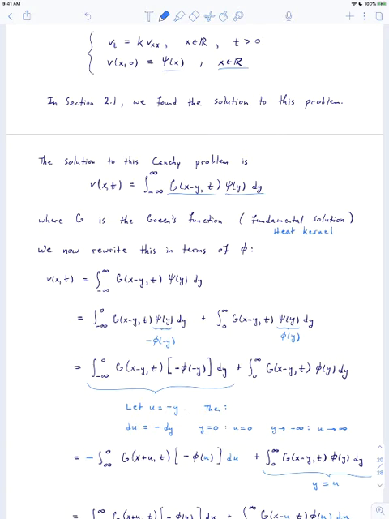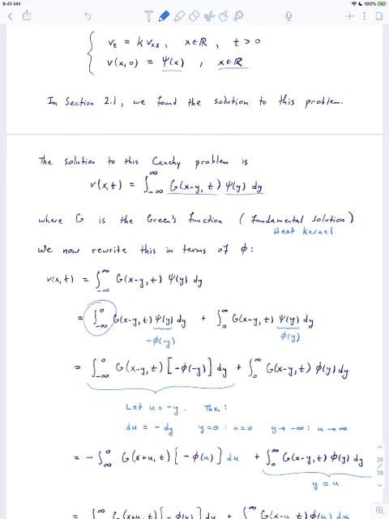Now we're doing this because we've defined psi in such a way that it's in terms of phi on these different intervals. So when y is positive, on the interval from 0 to infinity, we know that psi is just the same thing as phi. So we can just replace it outright.